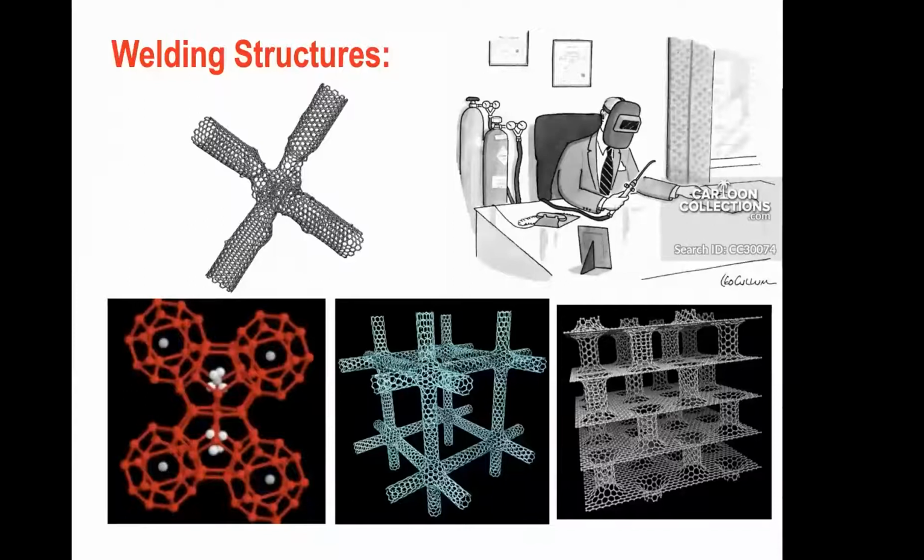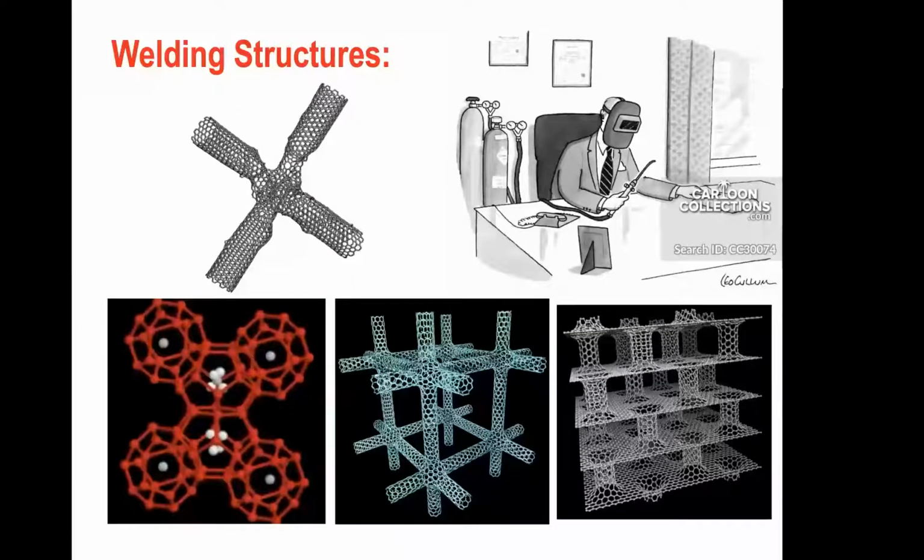As I told you, nanomaterials are interesting by themselves for many reasons. But for handling them, we need to make large-scale structures. So we ask how to make such large-scale structures. We can use the same concept of welding.